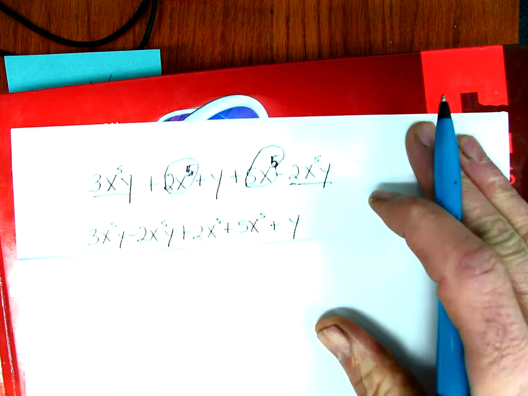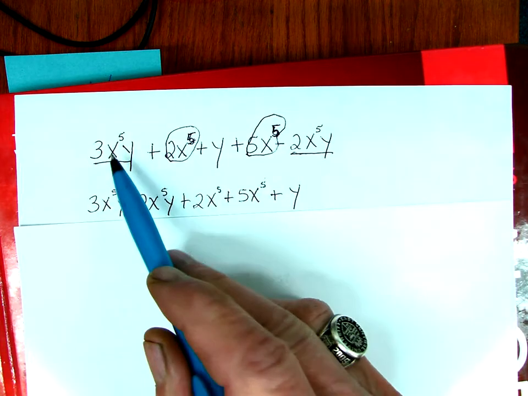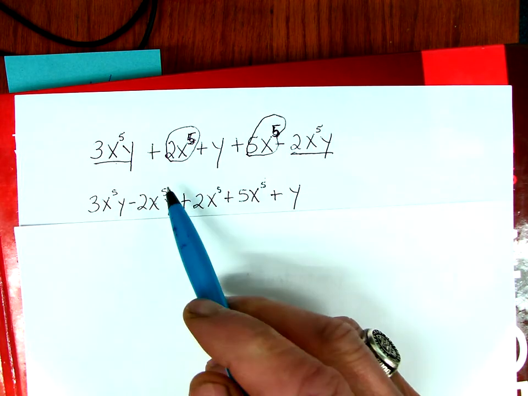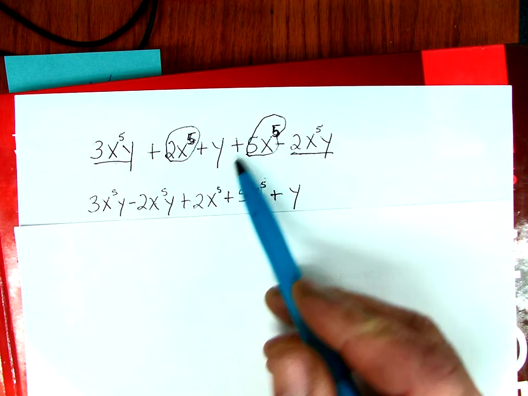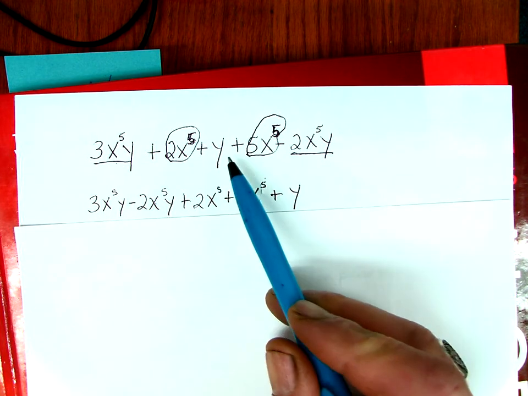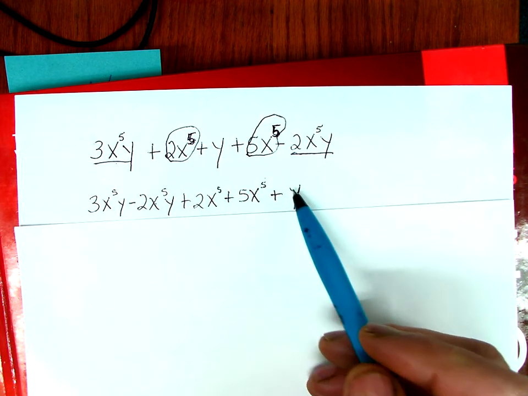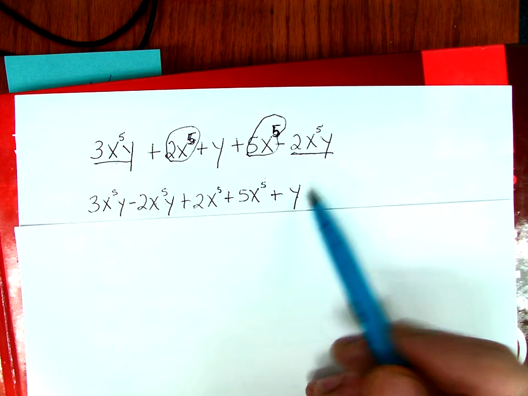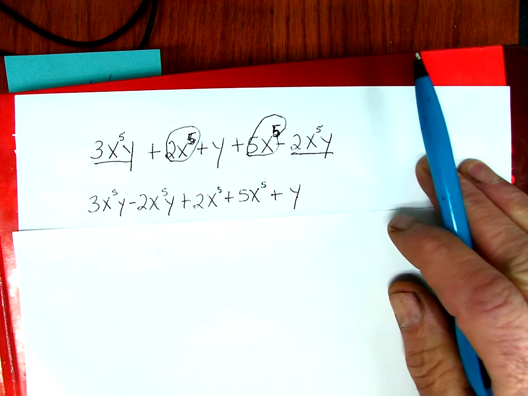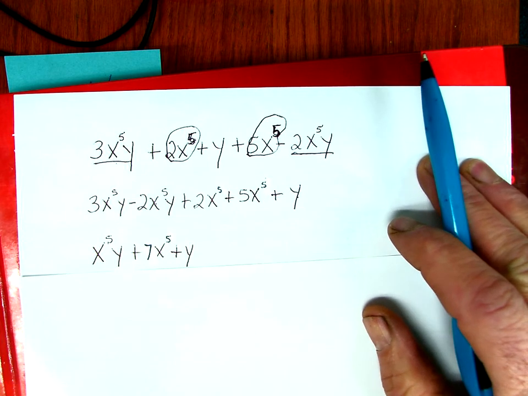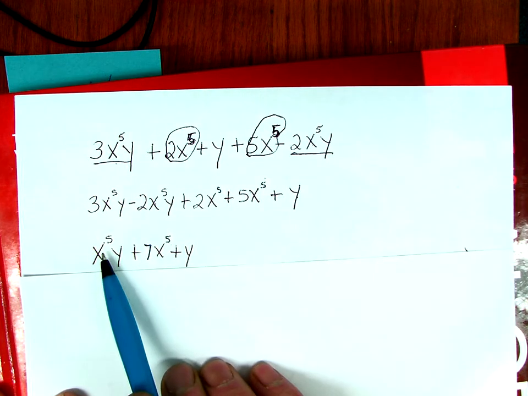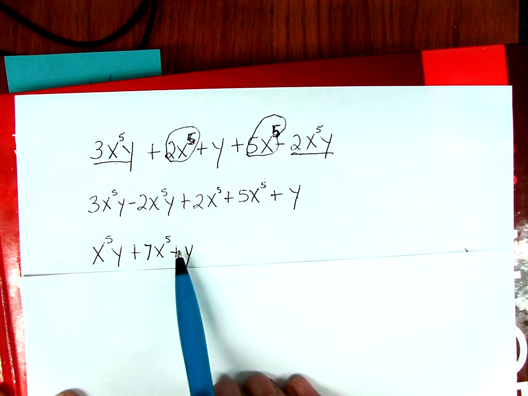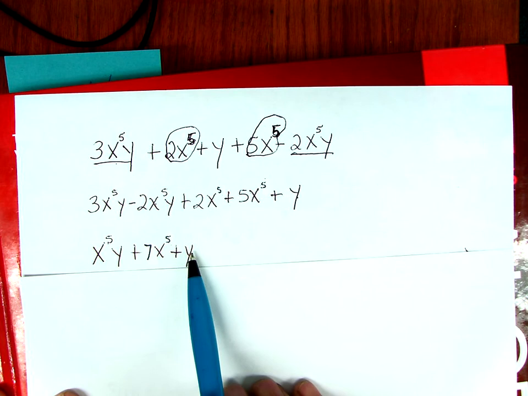All right. So these two are alike. Here they are. These two are alike. Here they are. And this lonely, lonely y. Now we combine them: x to the 5th y plus 7x to the 5th plus y.